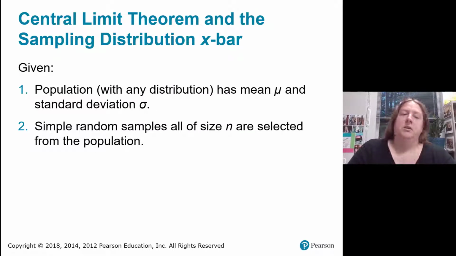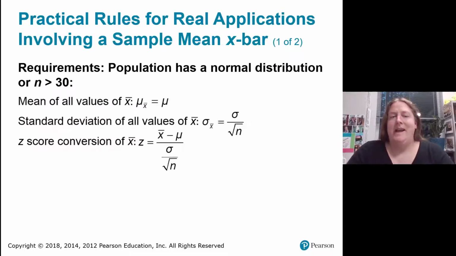So when we're given a population with any distribution, then it has mean mu and standard deviation sigma. We're taking simple random samples all of size n from that population. And then we're checking that n, our sample size, is greater than 30.